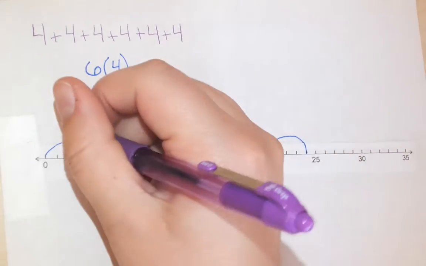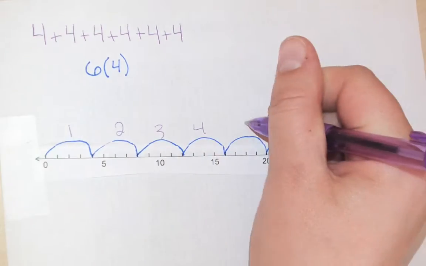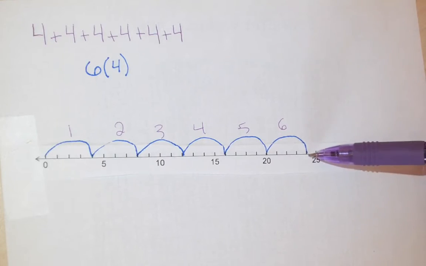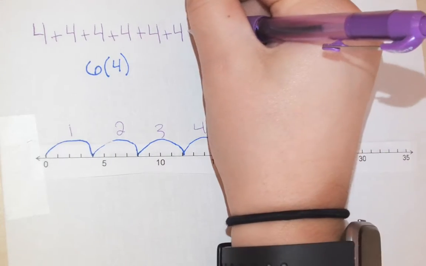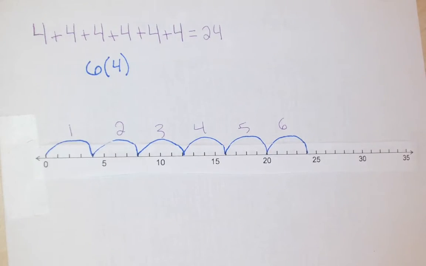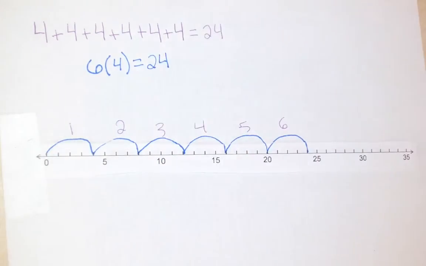So this is my first, second, third, fourth, 5, well, that's 6 groups right there. In each group I have 4, and I end at 24. Well, both of these should be equivalent to 24.